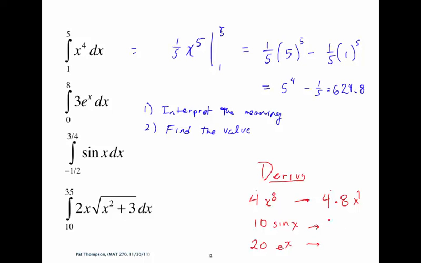Okay, derivative. 10 to the 10 cosine. And cosine. Yeah. When constants are multiplied by a function and you take the derivative, what happens to the constant? You just hold on to it. It just stays. So when you do the antiderivative, what happens to the constant? It just stays. If we're doing antiderivative, 4, 4, 10, 10, 20, 20. So when constants are multiplied by functions, whether you take a derivative or antiderivative, it just comes along for the ride. Just stays where it is and like it is. Okay?